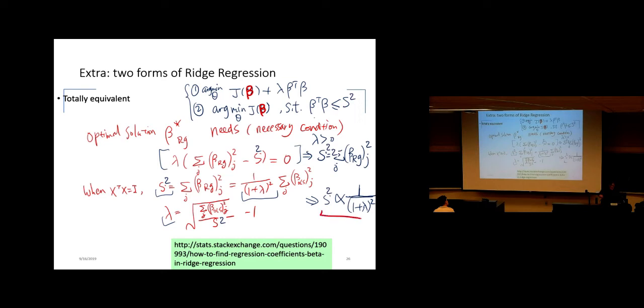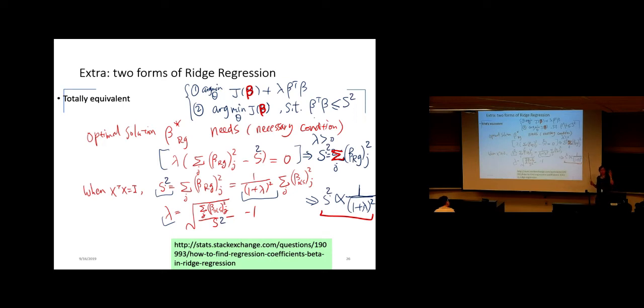So this is the most important. S quadratic is equivalent to the summation of beta quadratic, and you can actually prove that S quadratic is proportional to 1/(1 plus lambda) quadratic. So what does this mean?